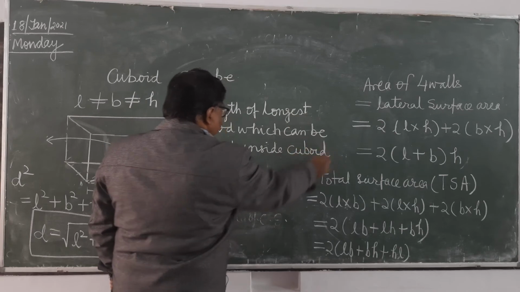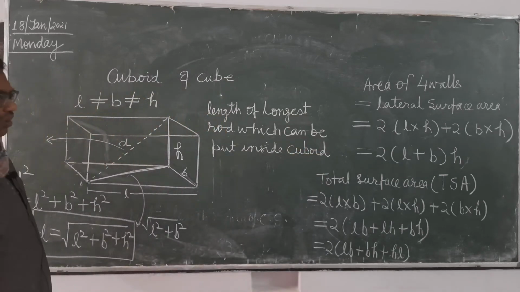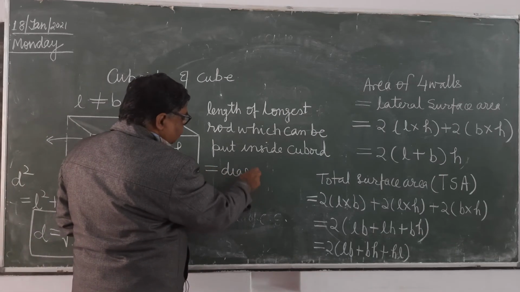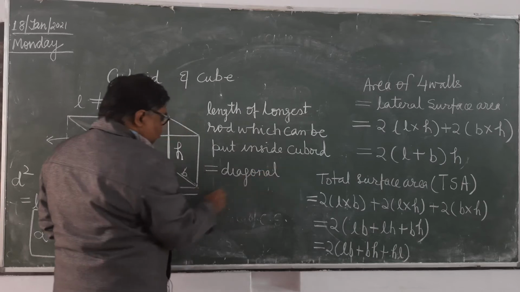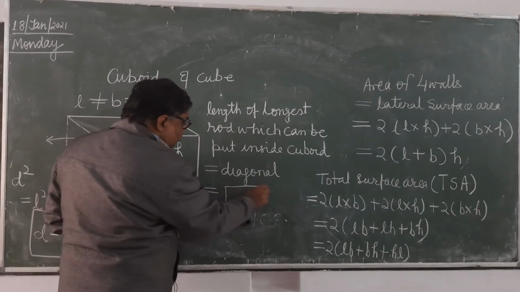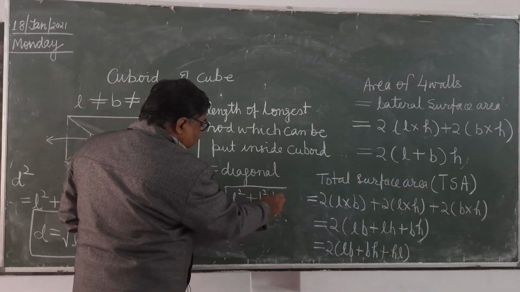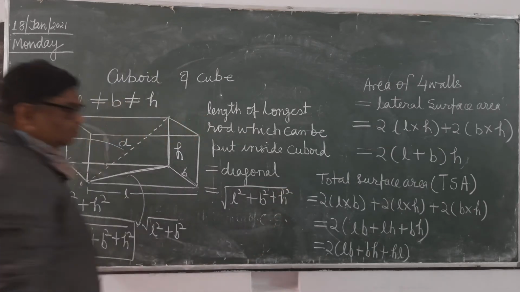So what will be the length of the longest rod which can be put inside the cuboid? It will be equal to the diagonal, which is the square root of L square plus B square plus H square.